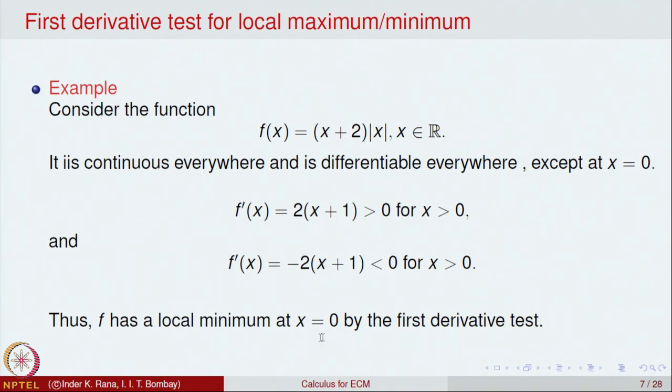So, by the first derivative test, the function has a minimum at the point x equal to 0. That is how you will apply the first derivative test, by ensuring the continuity of the function at the point that you want to analyze, looking at the nature of the derivative on the left of that point and on the right of that point. At that point, the function may not be differentiable, that is not required for the first derivative test.